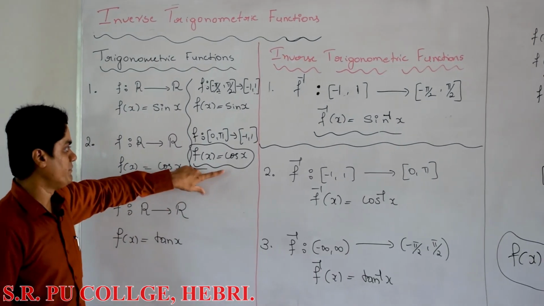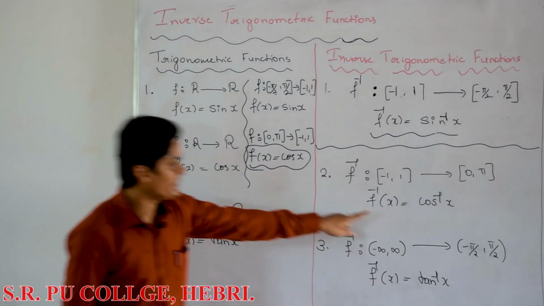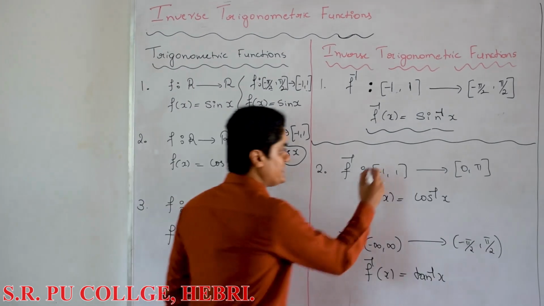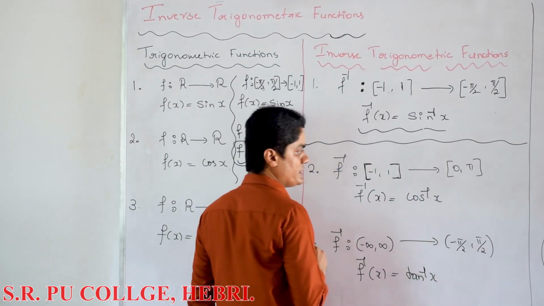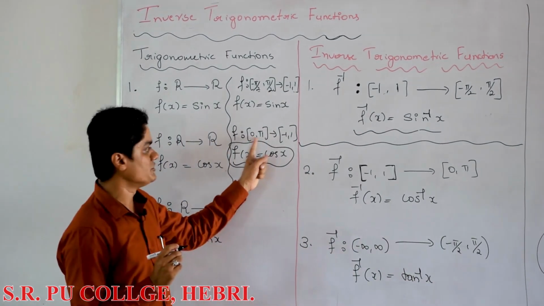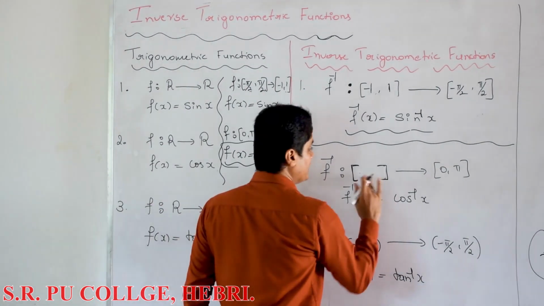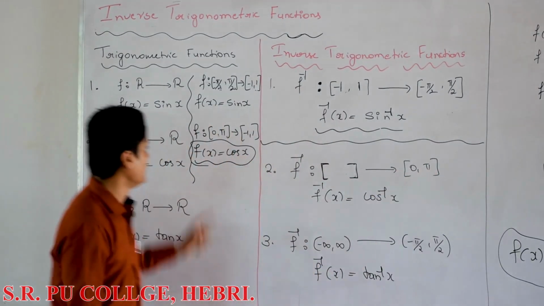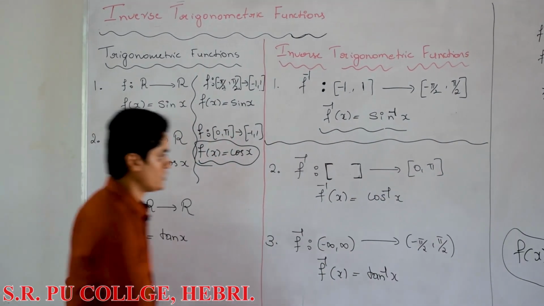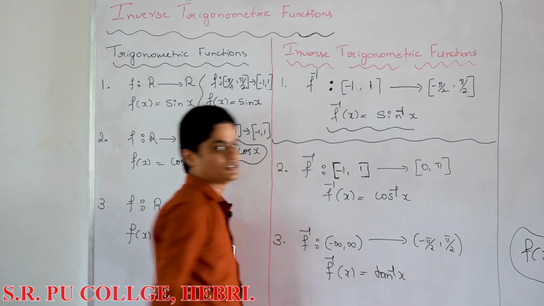So as usual, for a bijective cos function, to define its inverse, you have to interchange the domain and range first. How to interchange? What is the domain here? 0 to pi, so it must be the range: 0 to pi. What is the codomain? Minus 1 to 1, so the domain must be minus 1 to 1.